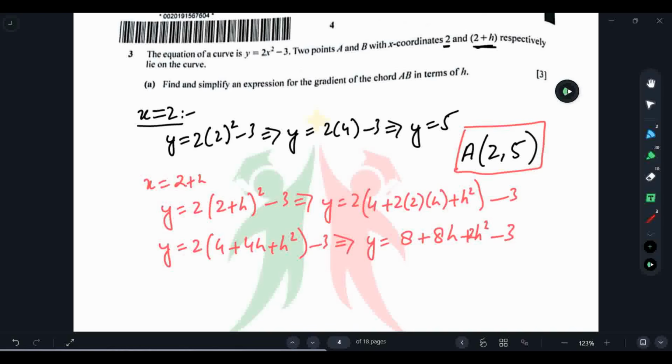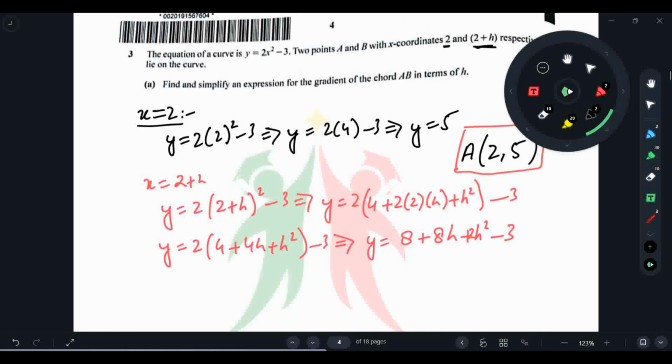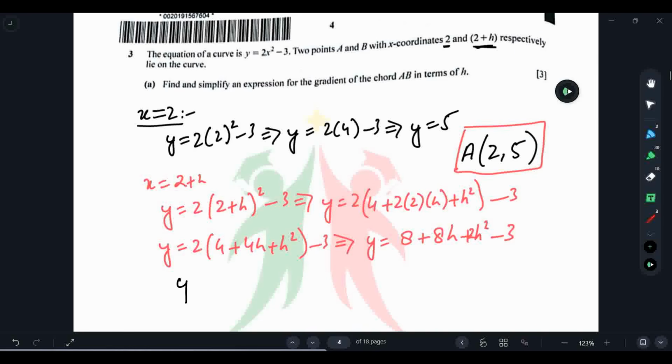Finally we will have y equals 2h squared plus 8h plus 5. It means that the coordinates of B will be, when x is 2 plus h, y will be 2h squared plus 8h plus 5.